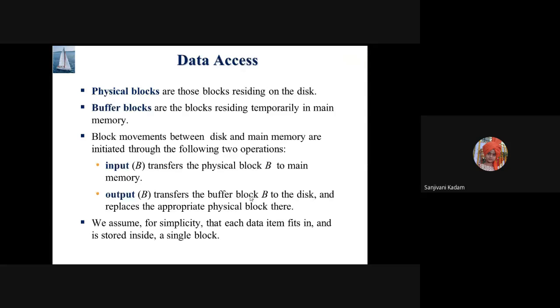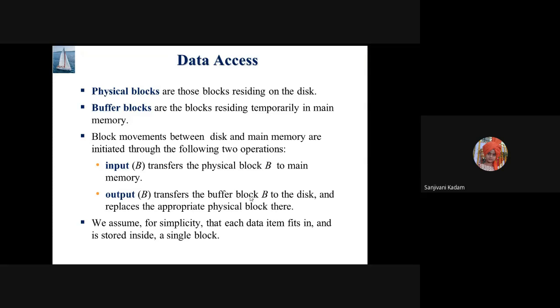Block movements between disk and main memory are initiated through two operations: input(B) and output(B). Input(B) transfers physical block B to main memory, from the physical disk to main memory. These input and output operations always take place with respect to database execution statements.